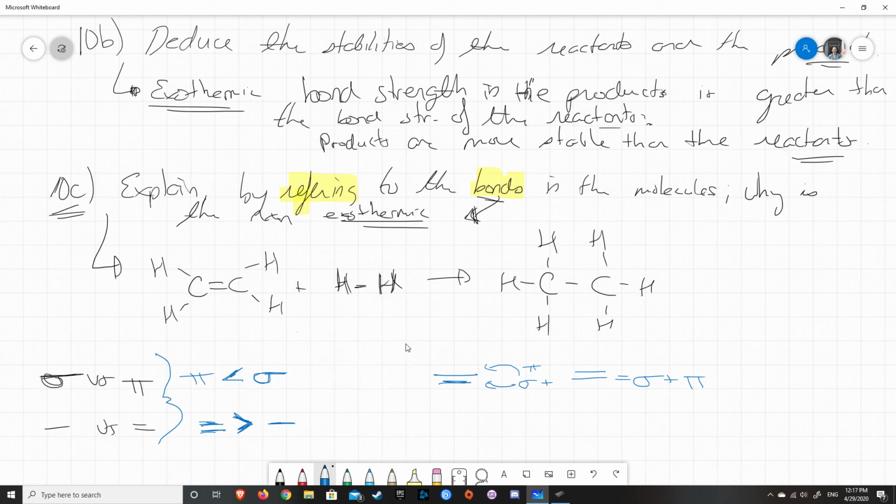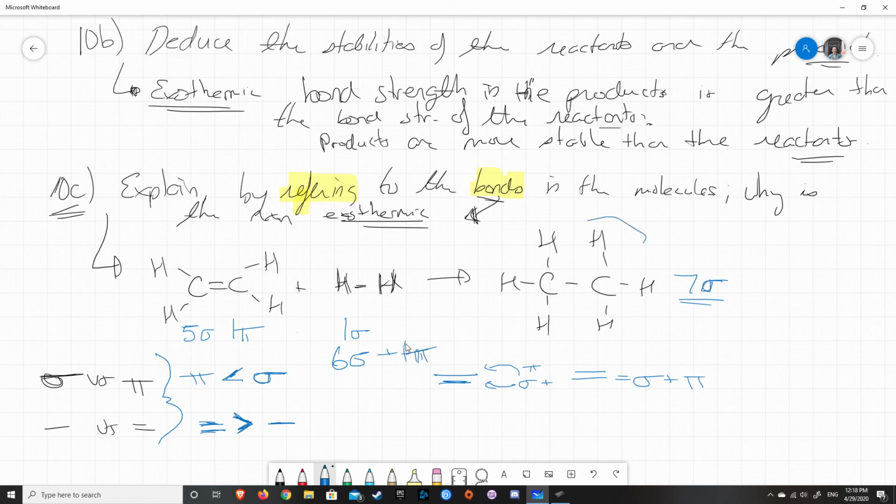So let's look at these molecules. We've got five sigma, 1 pi, 1 sigma, and here we've got 1, 2, 3, 4, 5, 6, 7 sigma bonds. So here we've got 6 sigma in total plus 1 pi, and here we've got 7 sigma, and we know that sigma bonds are stronger than pi bonds.